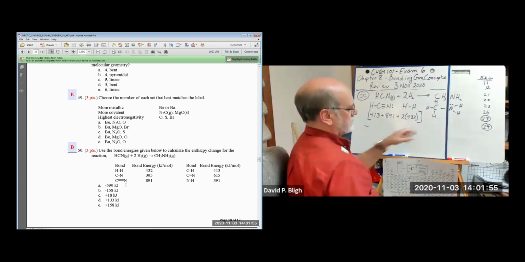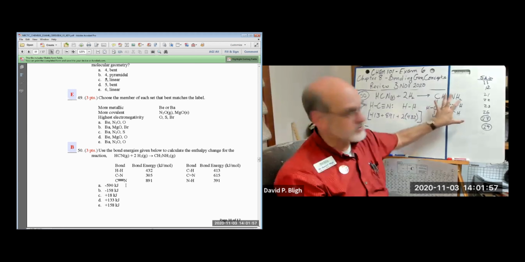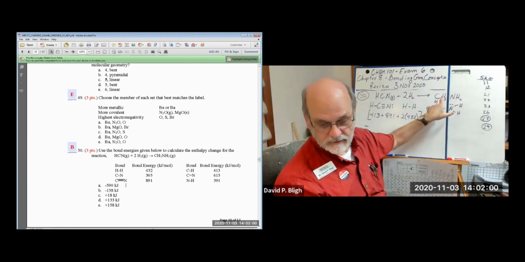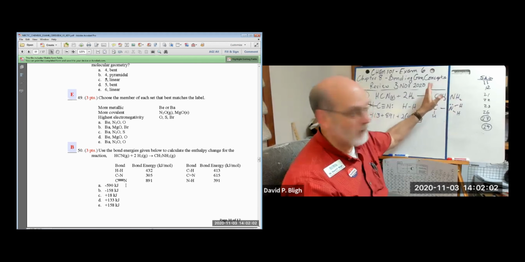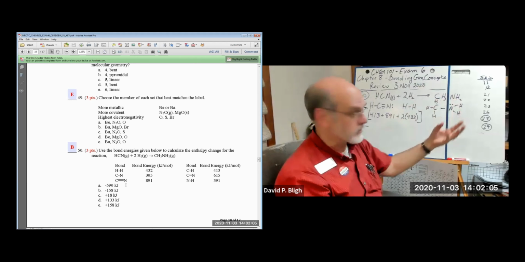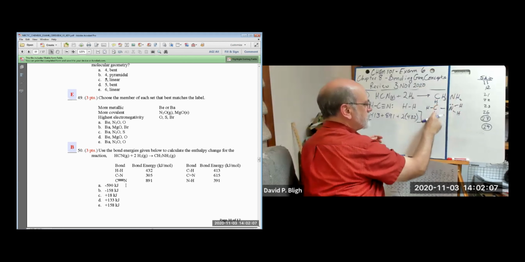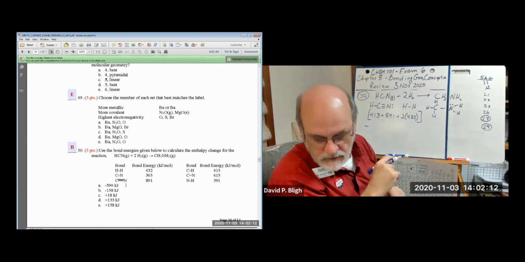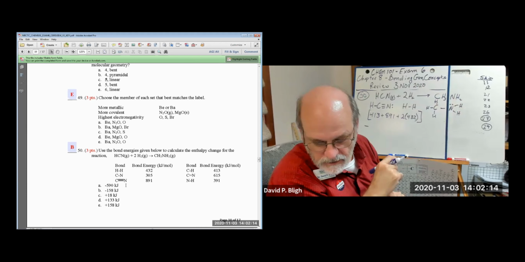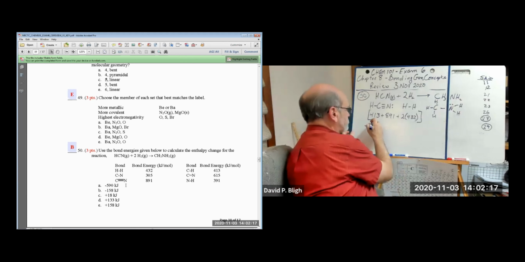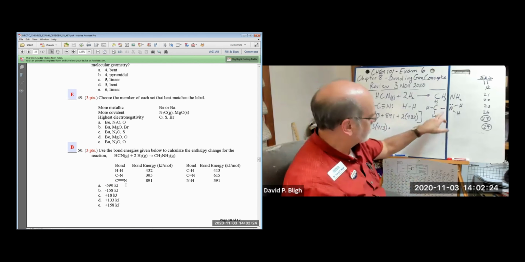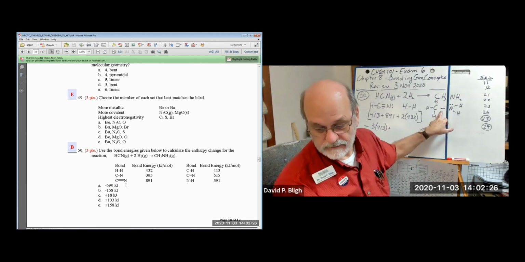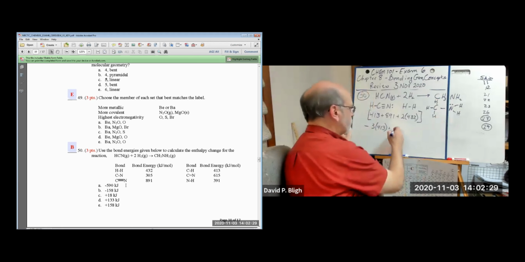Then we subtract the summation of these bonds. There's only one of those out there. One molecule, so we only have to take into account one molecule. So we have 1, 2, 3 carbon hydrogen bonds, 413. And then we have one carbon-nitrogen single bond, 305.